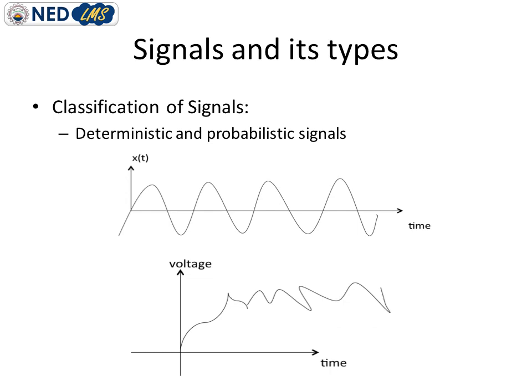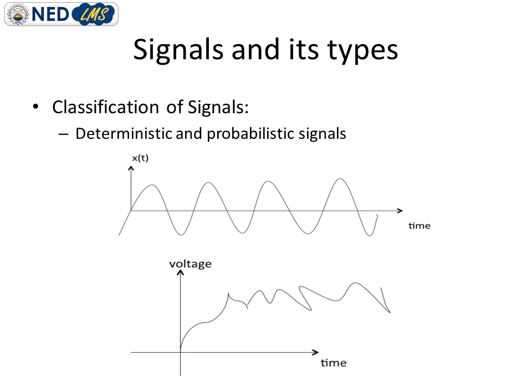Another classification of signal is deterministic signal and probabilistic signal. A signal whose physical description is known completely is a deterministic signal, and that physical description can be in mathematical form or in graphical form.